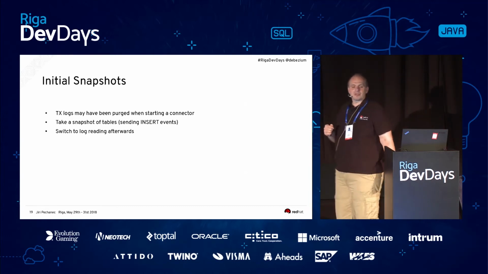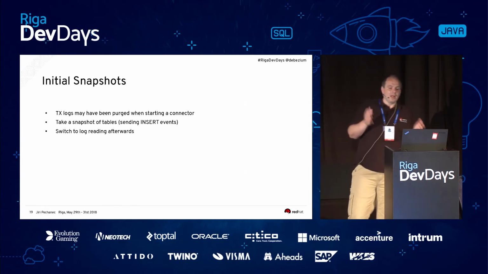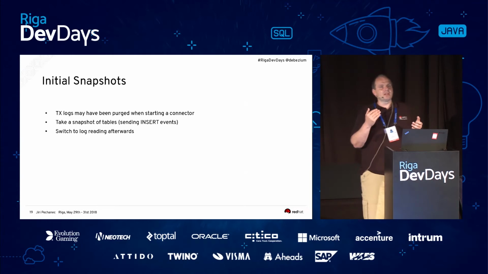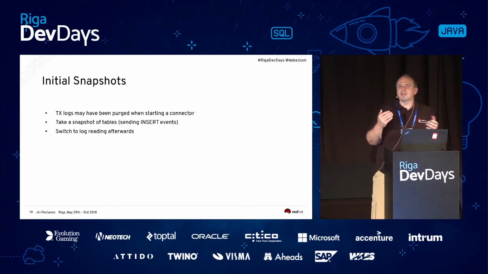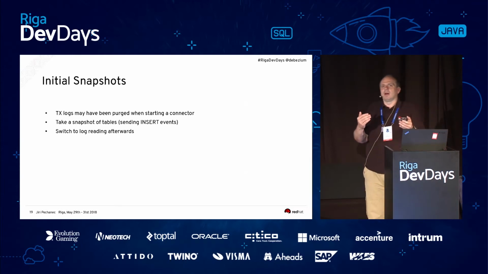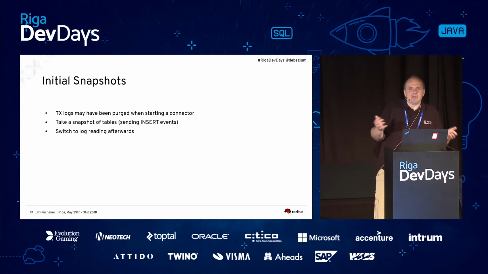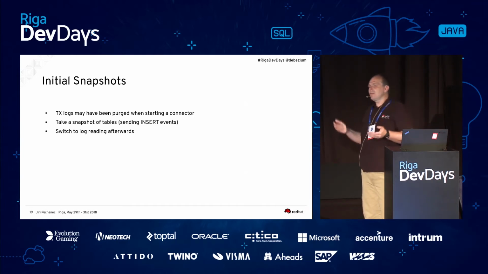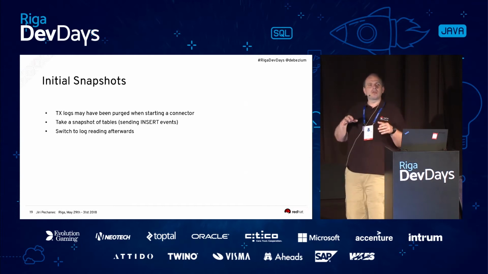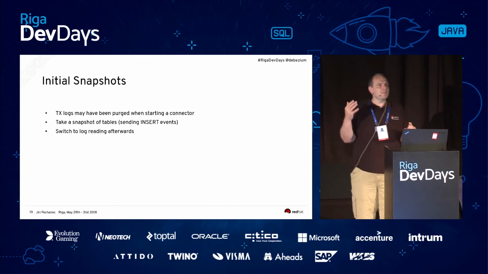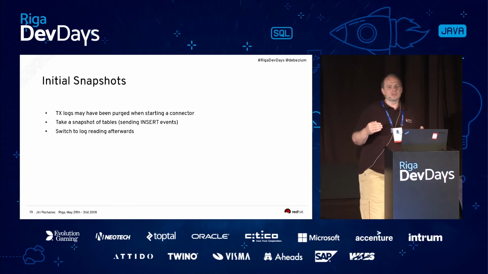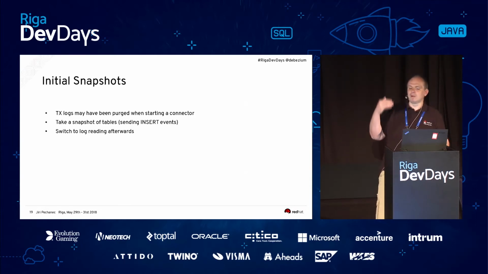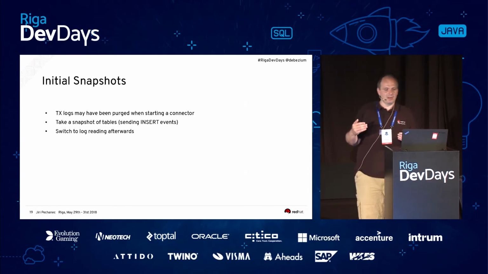Well, initial snapshots. We have been discussing that we are reading the database logs, but the database you want to stream may already have been running for days, weeks, years. In this case, the database logs will definitely not be present, because they are typically periodically removed as part of database maintenance.